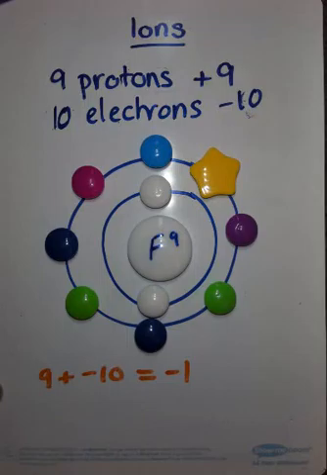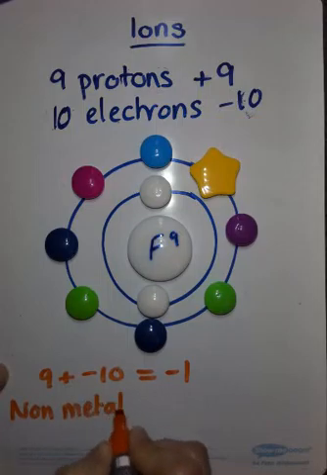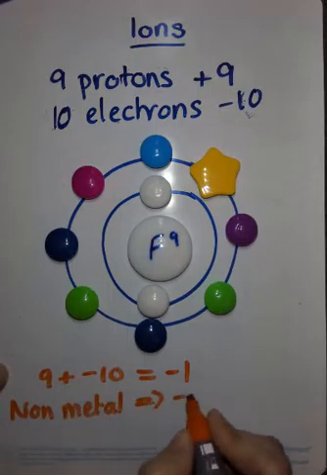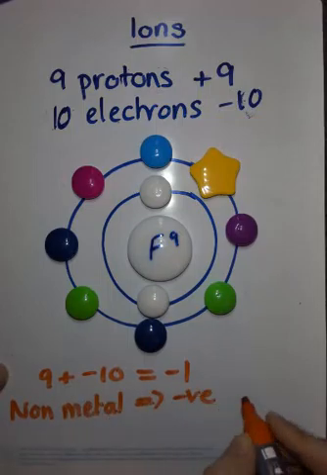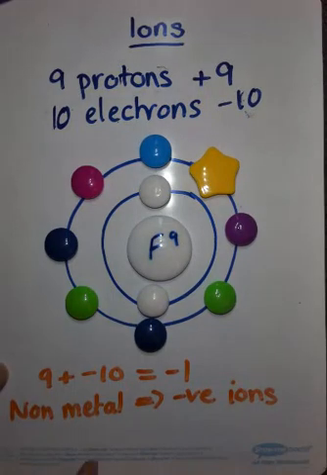Okay, so now what we have is non-metals leading to negative ions. And in group 7 what we get is that they're all negative 1. So our fluorine ion would be fluorine negative 1.